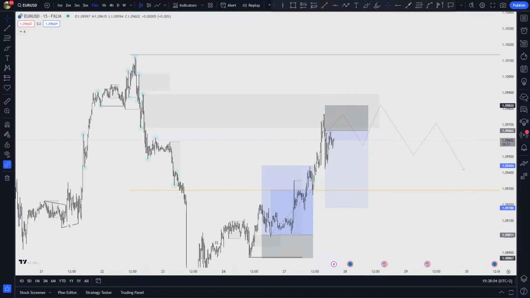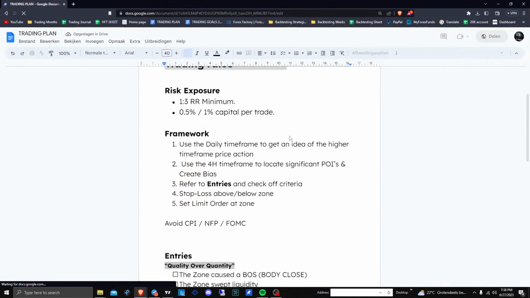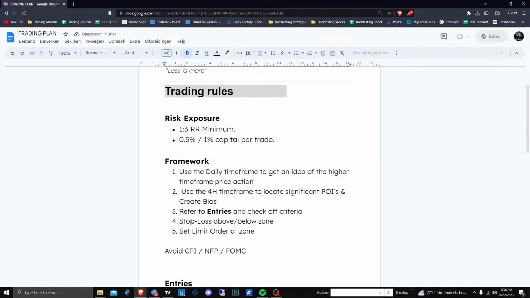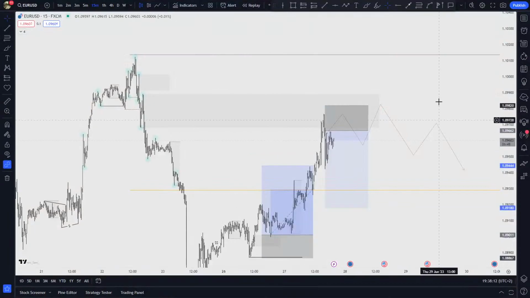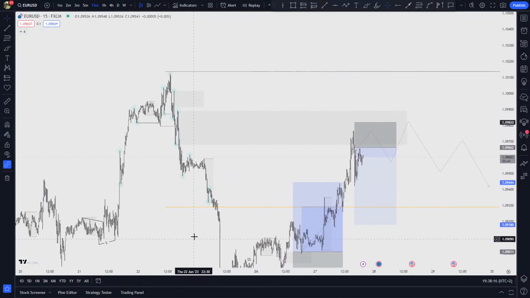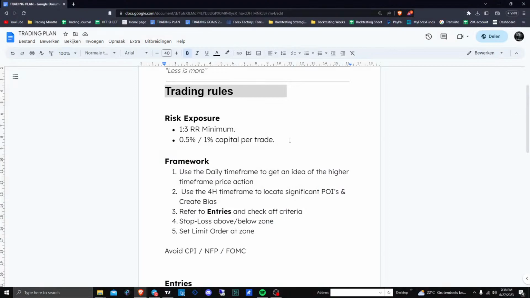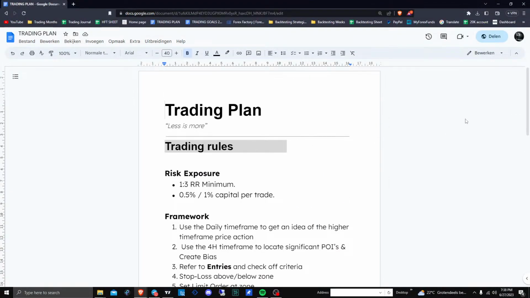I'll pull my trading plan out real quick so you can see it. Is Euro USD good to sell at the moment? If it meets your trading plan, yeah. For me, it is good to sell. But I'll show you my trading plan real quick to help you get over that overtrading mindset.